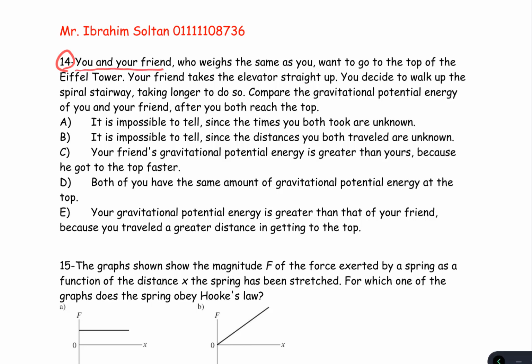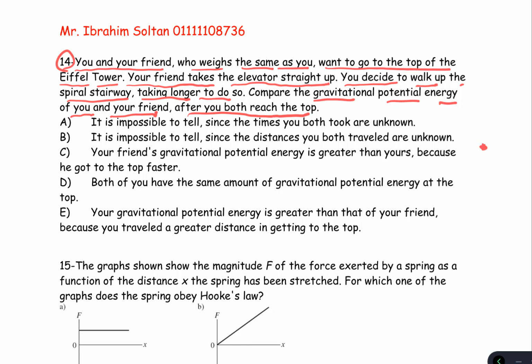You and your friend, who weighs the same as you, so your mass exactly equals your friend's mass, want to go to the top of the Eiffel Tower. Your friend takes the elevator straight up. You decide to walk up the spiral stairway, taking longer to do so. Compare the gravitational potential energy of you and your friend after you both reach the top.